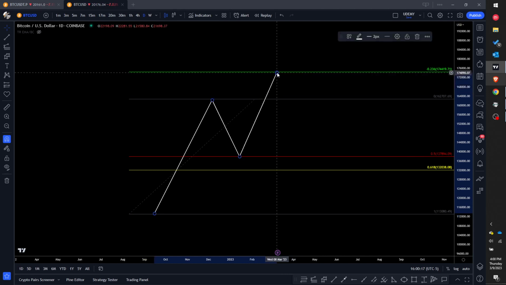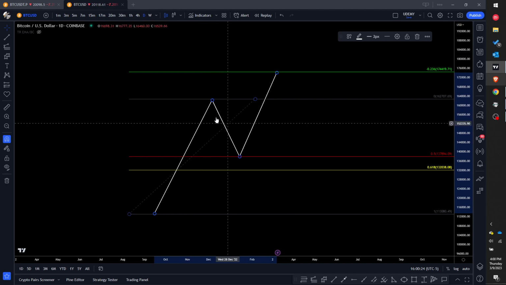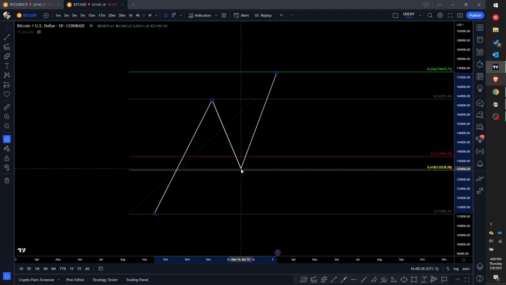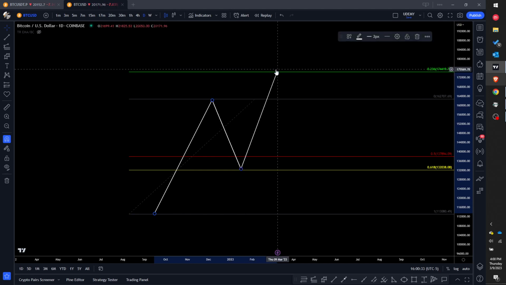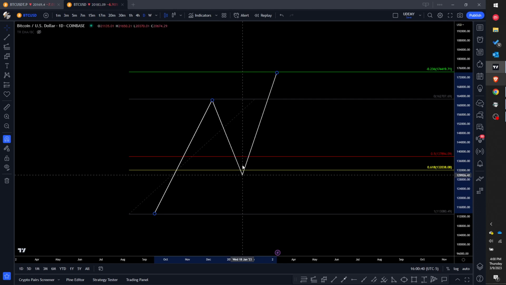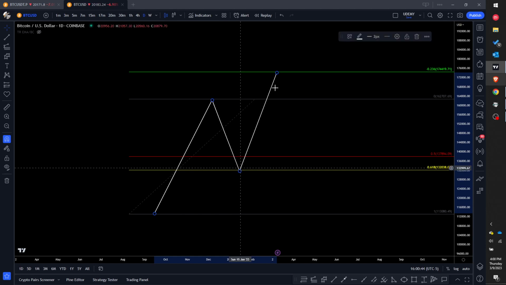What was strange was that no matter how deep this went, whether it came back down to the 50 or to the 0.618, it always still came right around this spot, this 0.236. Now, if it went further than this, things would probably change. But anywhere in this range, we would have a reaction right here at this negative 0.236.